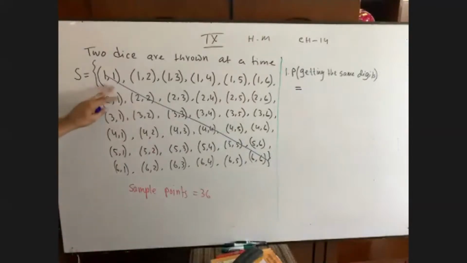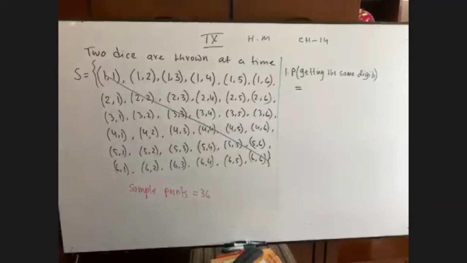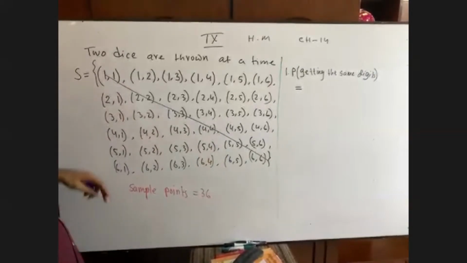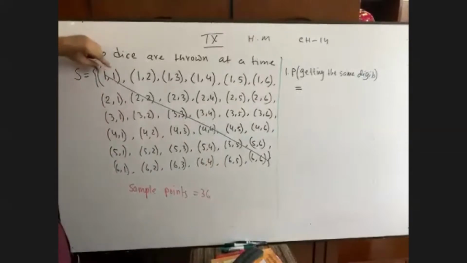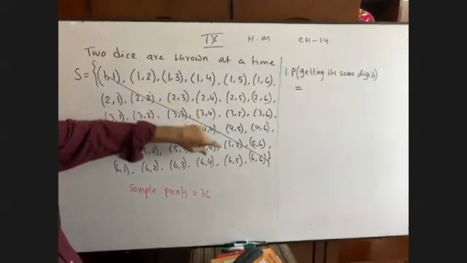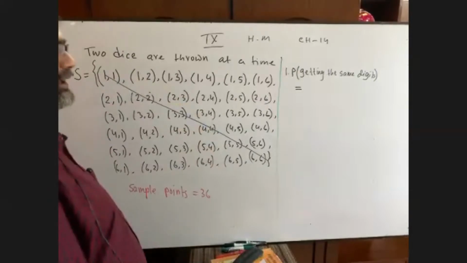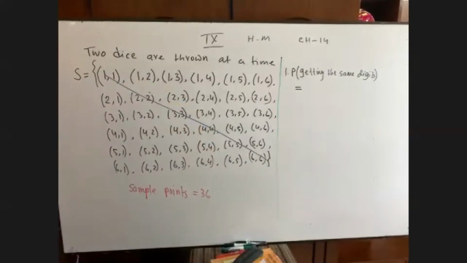Along this diagonal, all are same: 1, 1, 2, 2, 3, 3, 4, 4, 5, 5, 6, 6. In the pair, two digits are same.